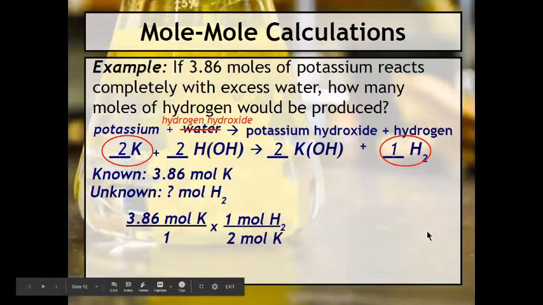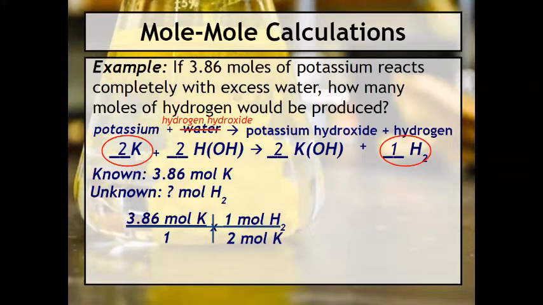Well, it's simple if you think about it like a fence post. So if we have 3.86 moles of potassium, I'm going to put 2 moles of potassium on bottom because I want those moles of potassium to cancel out each other, right? Like hiya, that kind of thing. And then the 1 mole of hydrogen goes on top because that's my unknown. That's what I want to get to, all right?